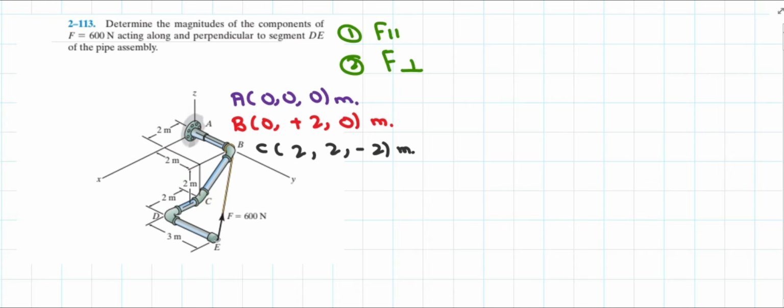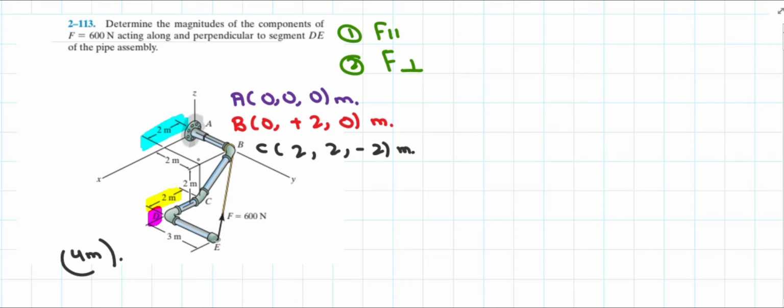Now, what about the location of point D? Point D is nothing but the sibling of point C, but there is only one change. Point D is 2 meter away from point C, and point C is 2 meter away from the origin. So point D is 4 meter away from the origin, and this 4 meter distance is indicating out of the screen.